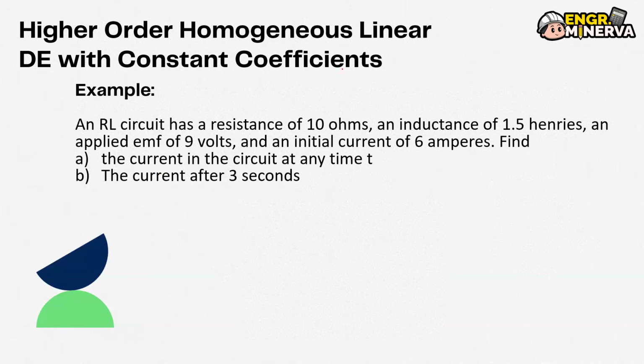So we have here given the resistance is 10 ohms, the inductance is 1.5 henries, the EMF is 9 volts, and the initial current is 6 amperes. When you see initial current, at time equals 0, the current is 6 amperes. We need to find the current in the circuit at any time.